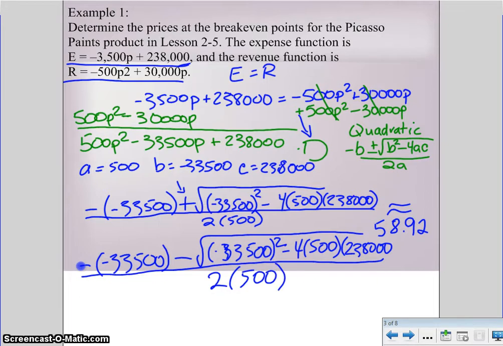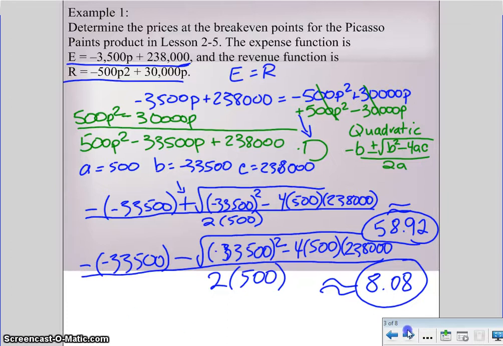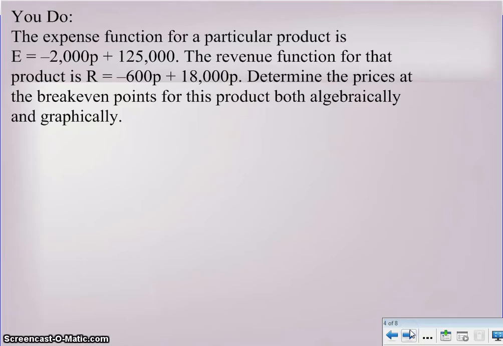When I work that all together, I end up with approximately $8.08, which is exactly what it was yesterday when we did our calculations. If you remember from 10.5, we looked at that graph of the break-even analysis, and it was at points $8.08 and $58.92.